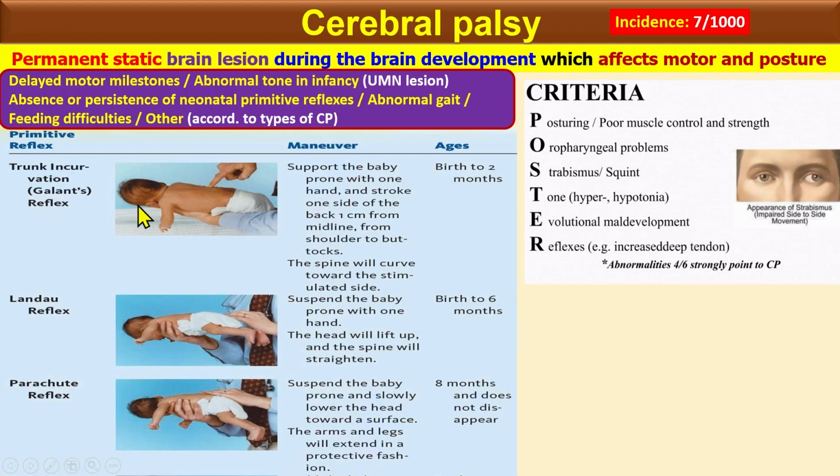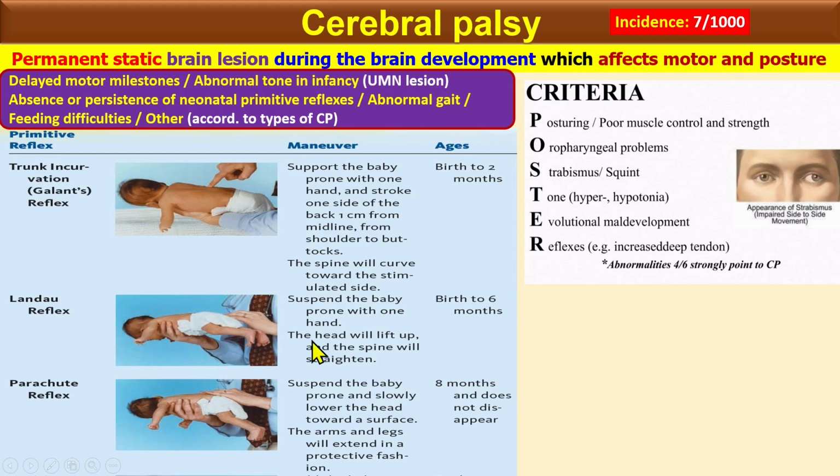Trunk incurvation: if you hold him with one hand and stroke your finger 1 centimeter away from the midline, the child, supine, should move toward that side. So this is the trunk incurvation. The Landau reflex: when you suspend the baby, his head is lifted up and the spine is straightened.